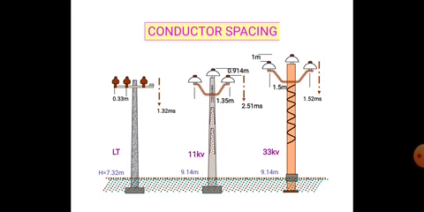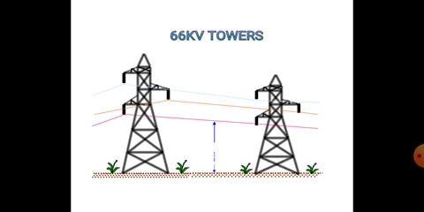For high tension lines, that is 66 kV to 400 kV lines, the conductor spacing usually depends upon the configuration of the conductors. Here are 66 kV towers, and it depends upon the configuration of the conductors.